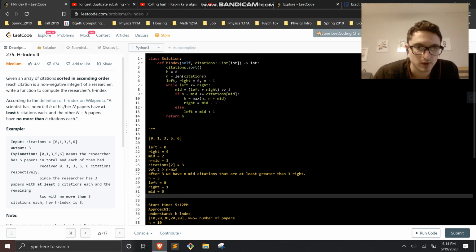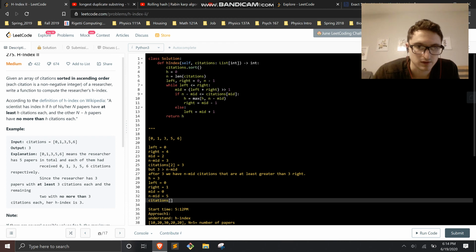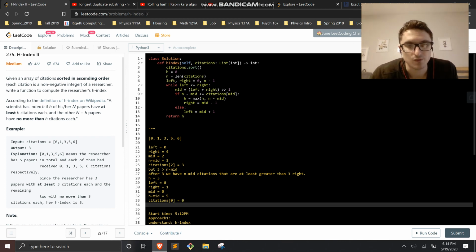And so at this point, n minus mid is equal to 5, and citations 0 is equal to 0. So in this case, since the citation value is 0, we cannot say that there are at least 5 more elements, because there's 5 more elements from where you're currently at.